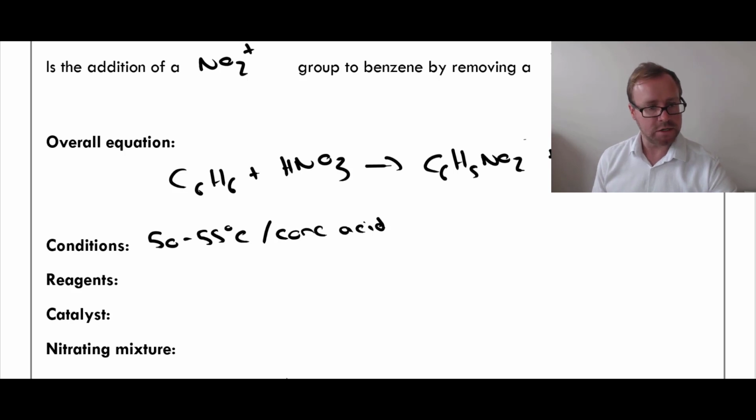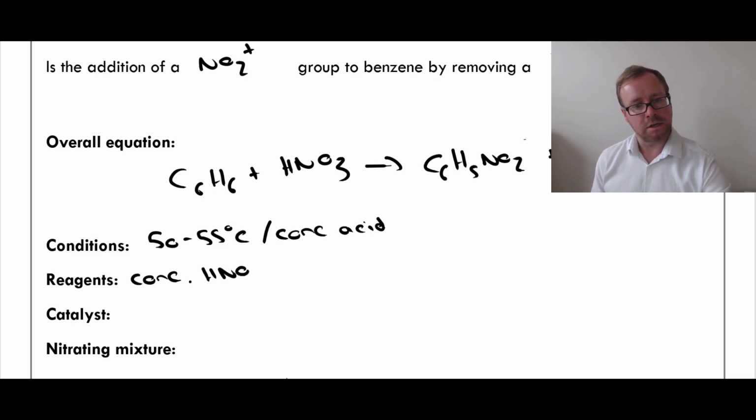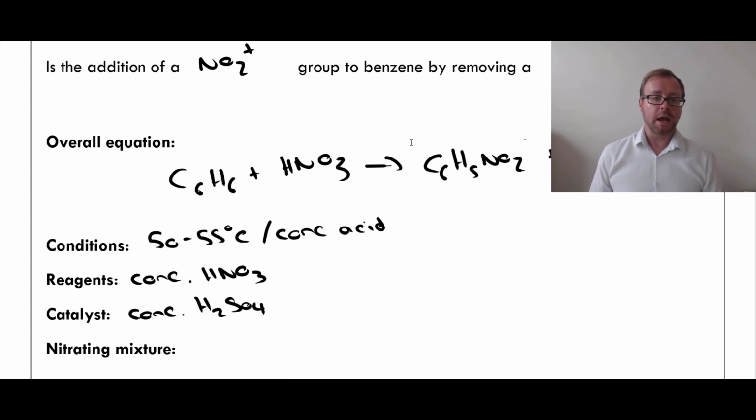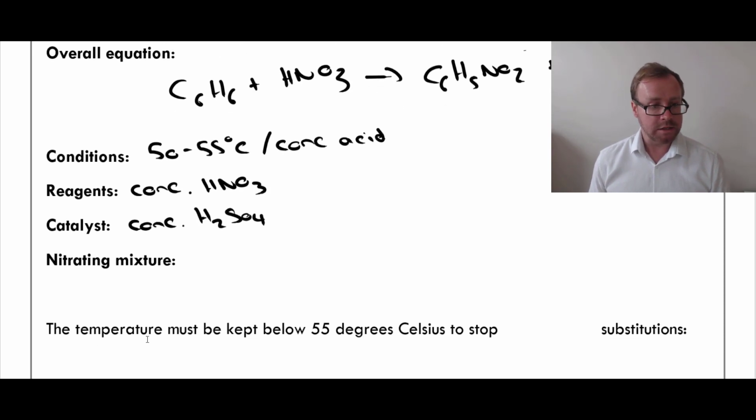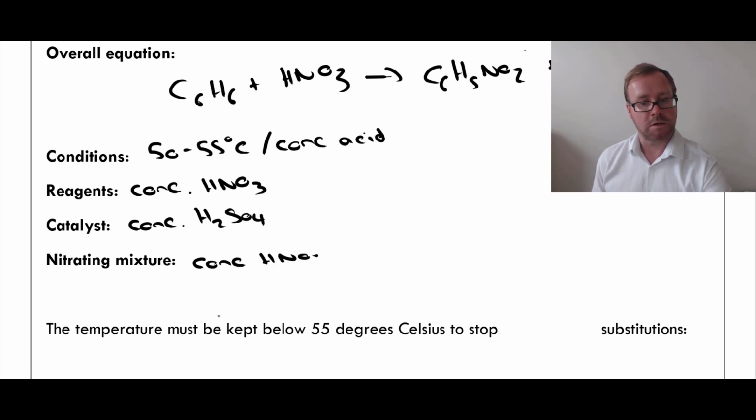The reagents, we need concentrated nitric acid. The catalyst is concentrated H2SO4, and you have to remember all these, okay? And our nitrating mixture is concentrated HNO3 plus concentrated H2SO4.